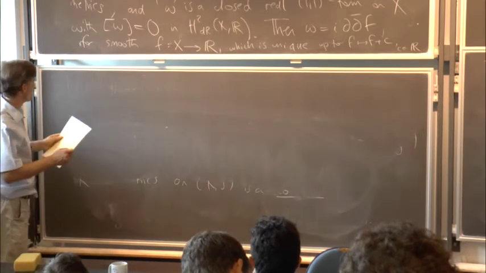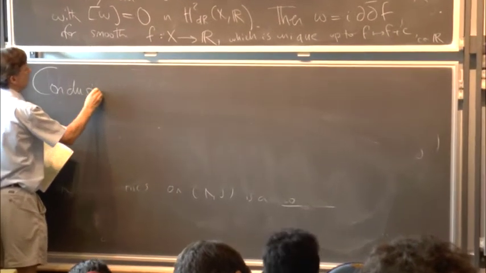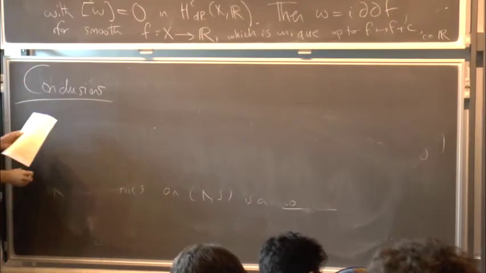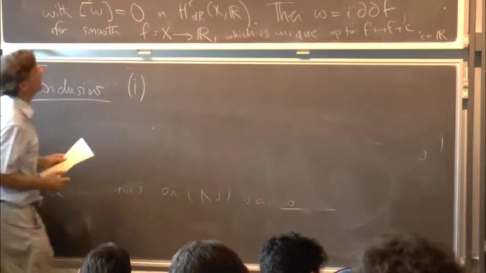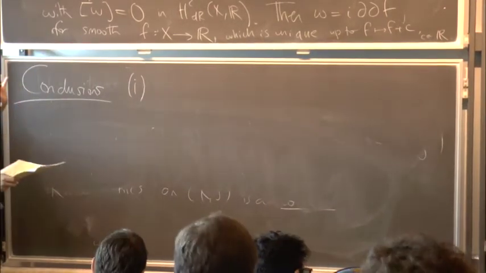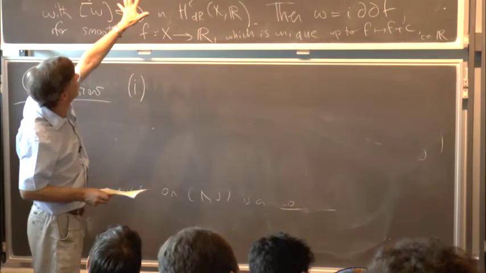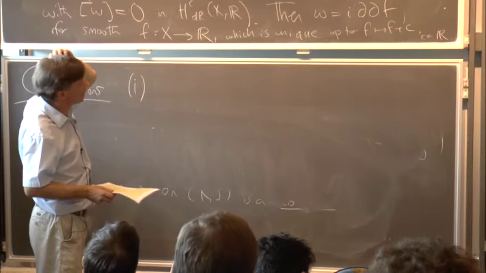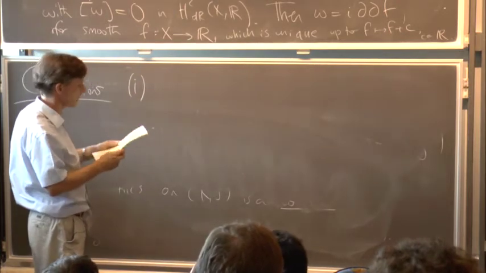So some conclusions from this. Well, firstly, if you take any Kähler manifold, compact or non-compact, and you take a small open subset in it, you can identify that with a small contractible open subset, a subset of C^m.